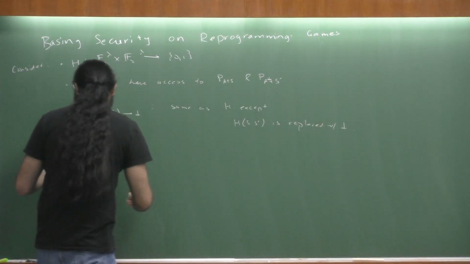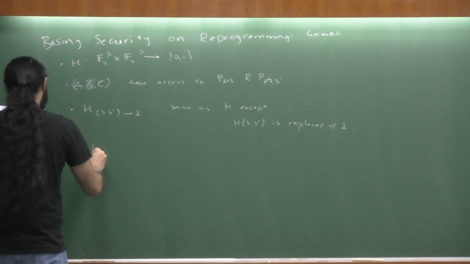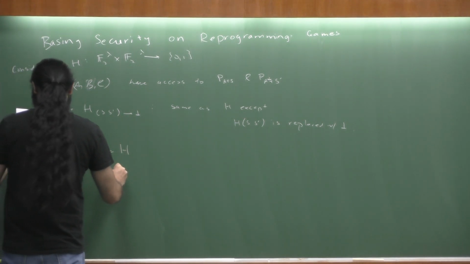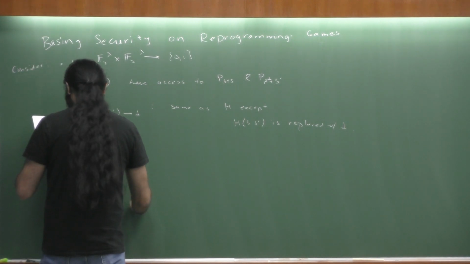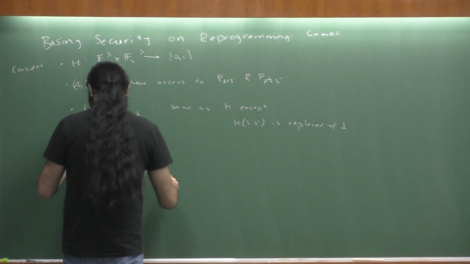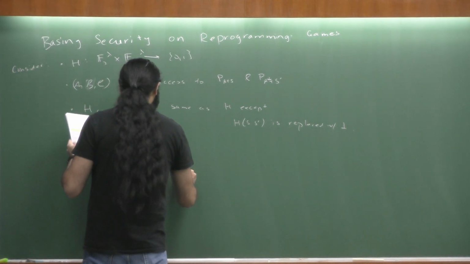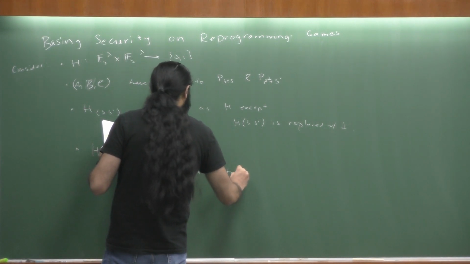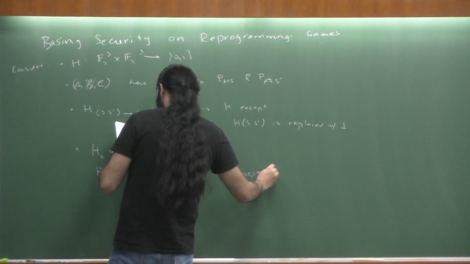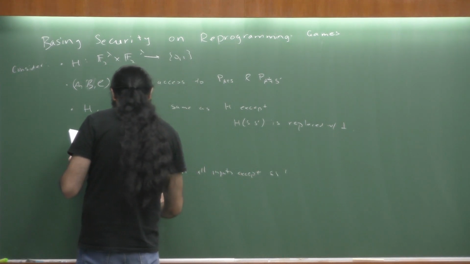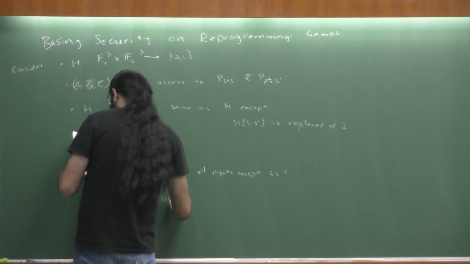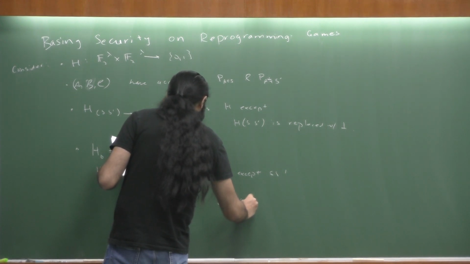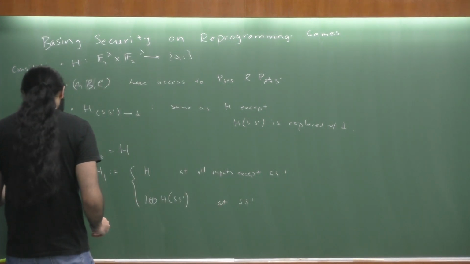Then H0 was the same as the random oracle, and H1 was the same as the random oracle except that you XOR with 1. So H accepts all inputs, and at S S prime you simply XOR with 1.